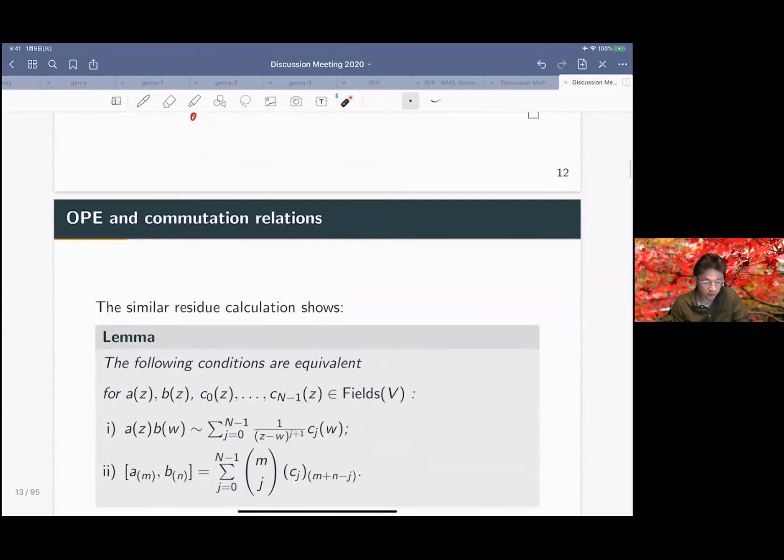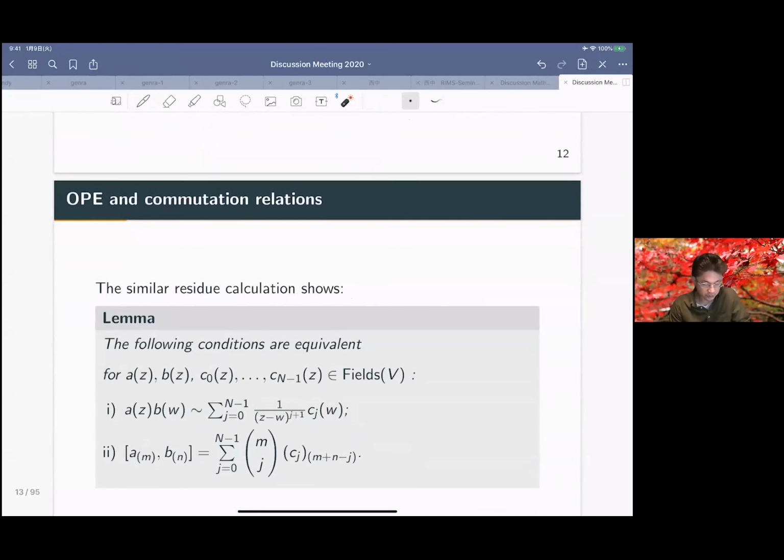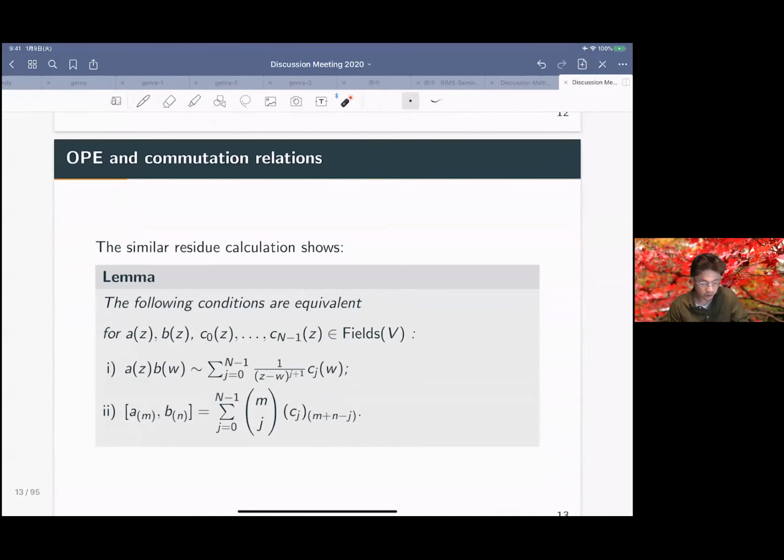Using similar residue calculation, you find that the following statements are equivalent. The OPE, where A(g) and B(w) are local and the OPE has this form, holds if and only if the commutation relation of A_m and B_m is given by this form.